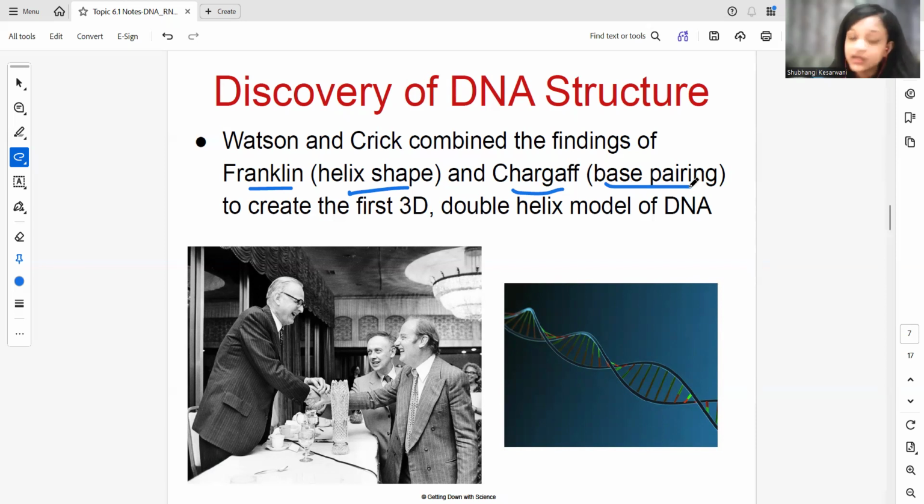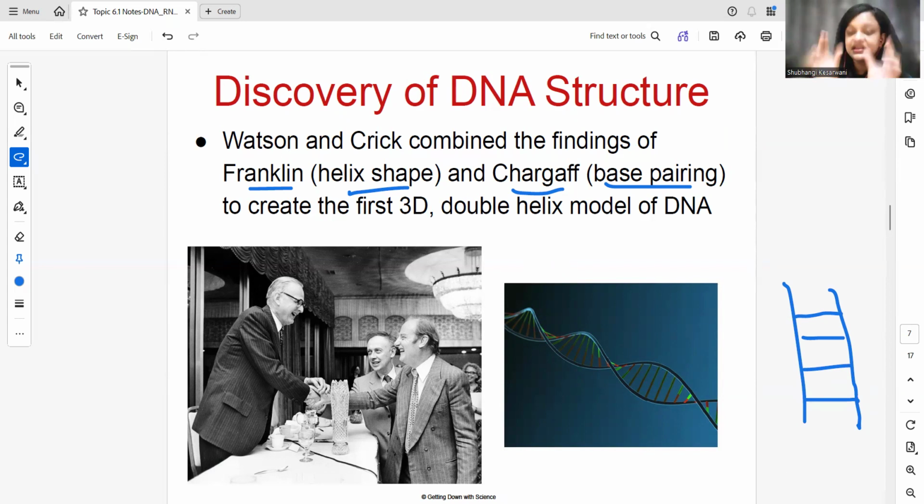So tell me, does this DNA look straight? No, absolutely not. It is kind of what structure? Spiral. Okay, firstly, tell me if this is a ladder. This is the normal ladder we know how it looks like. Absolutely right. So just imagine there is a ladder and you are just spiraling it.